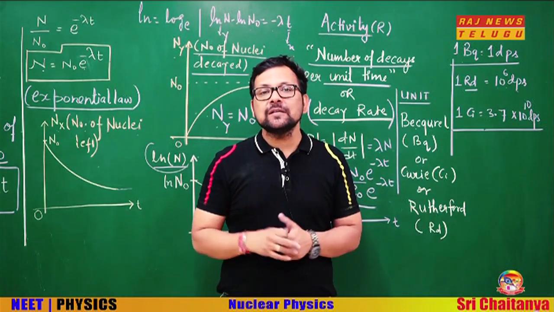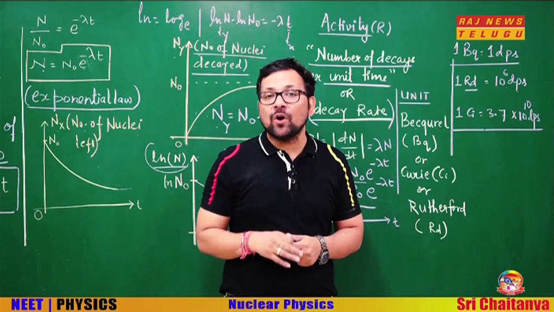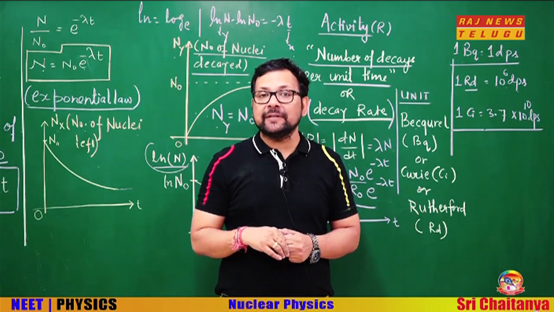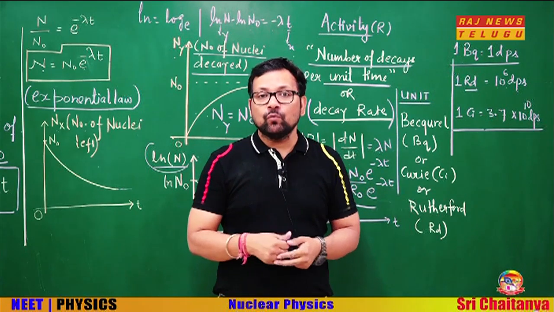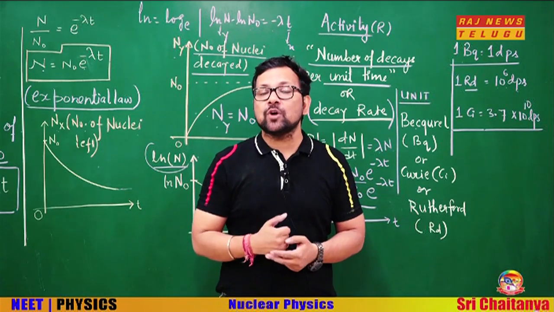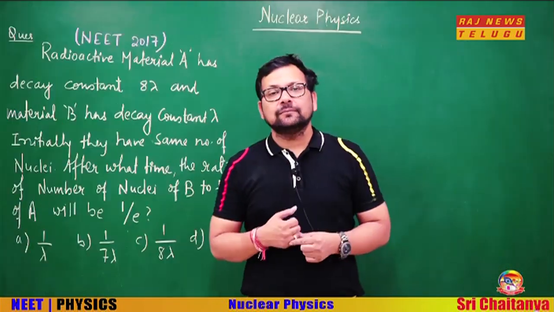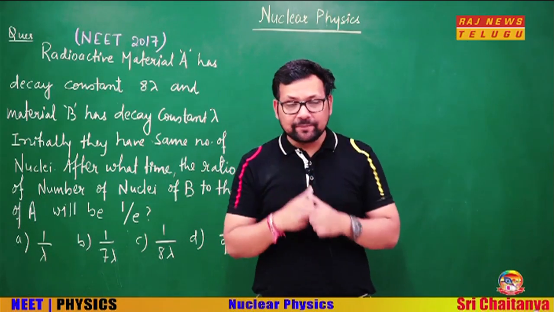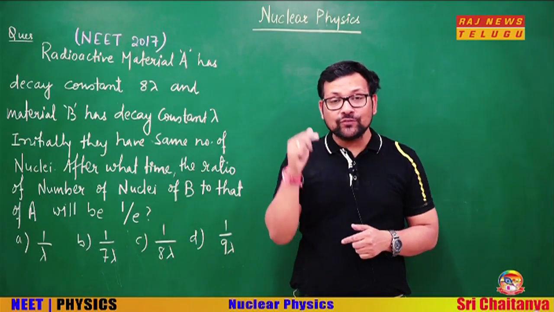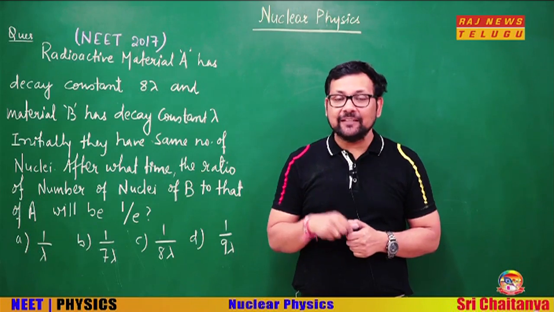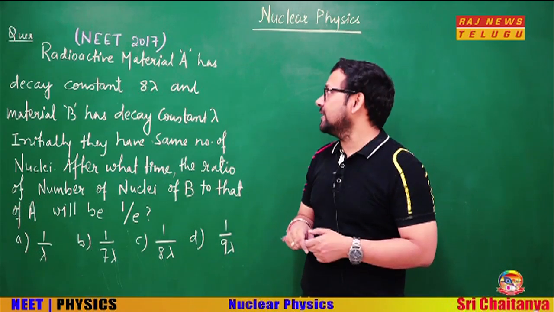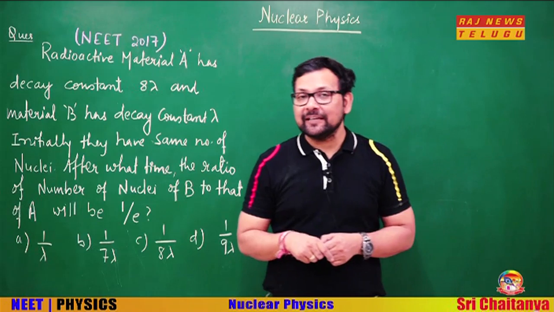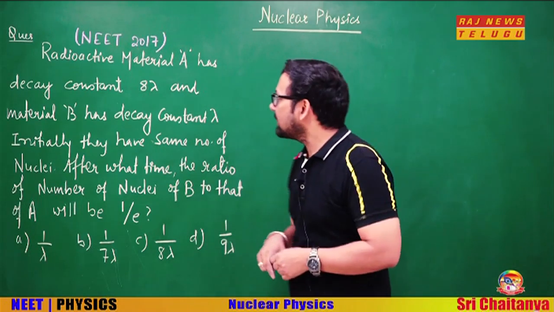So this was the actual mathematical form of the law of radioactive decay, and let me repeat it for you, one of the most important topics from nuclei for NEET. Let's solve a problem on the law of radioactive decay. The question was asked in NEET 2017. Let's start with the question.